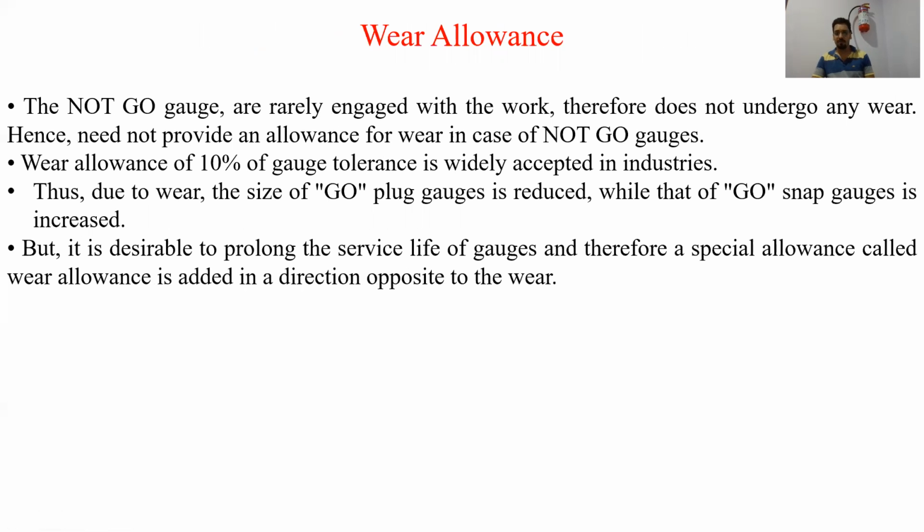Next is wear allowance. First of all we will discuss why wear allowance is provided. बेटा जब हमारा होल चेक होता है या कोई शाफ्ट चेक होता है, no go will not enter into the hole and shaft. The no go part will not enter, so there will be no chances of wear. जब आपका वो एंटर हो ही नहीं रहा तो उसमें wear का कोई चांस नहीं है.